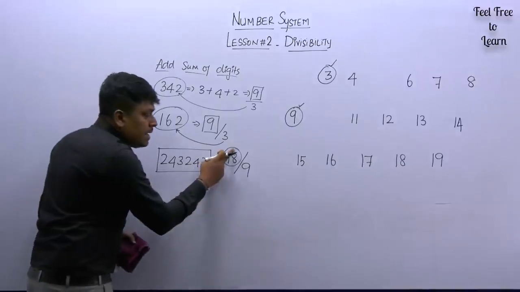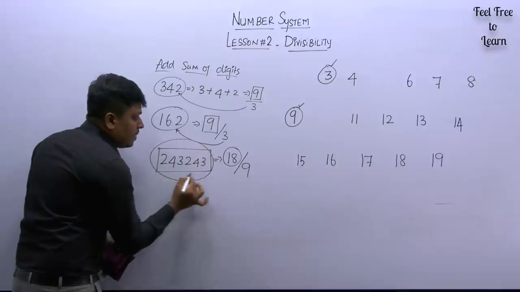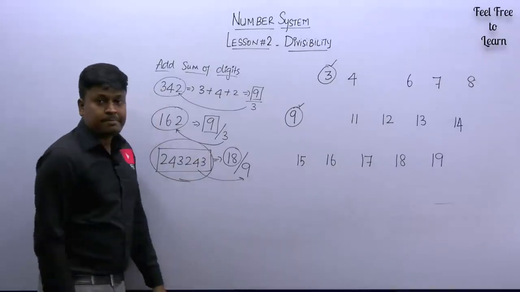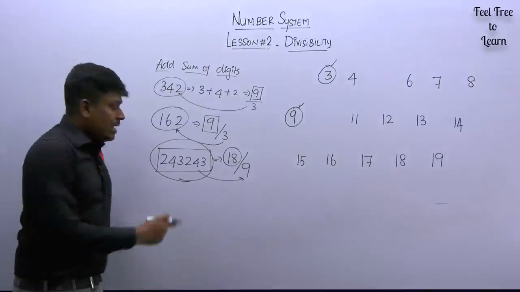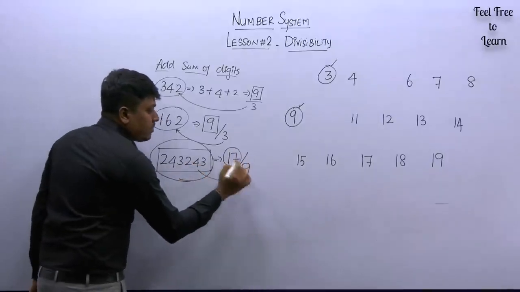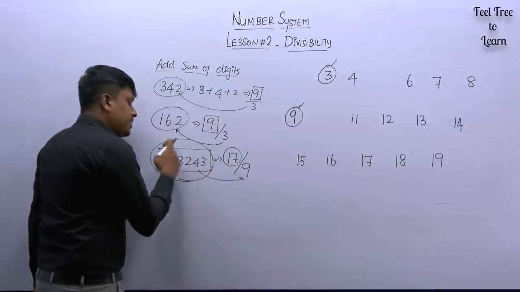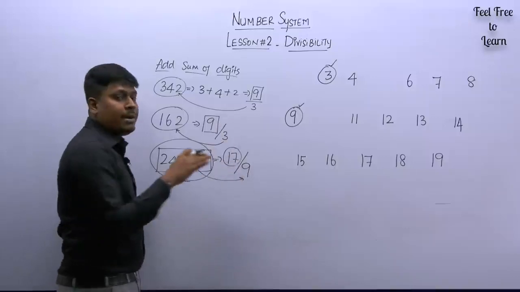If the sum is divisible by 9, then we can say that the complete number can be divided by 9. Got it? In case we add all the digits and get only 17, then definitely this number cannot be divided by 9, and the same number cannot be divided by 3.